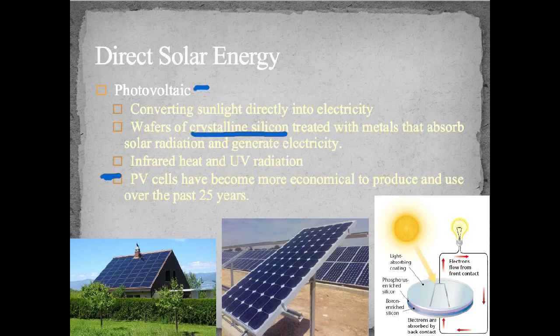Looking at this diagram: so far, when we talked about energy production, we've talked about how we get something to spin. Photovoltaic is one of those that doesn't require something to spin. I keep saying that almost everything is just getting something to spin to generate electricity.